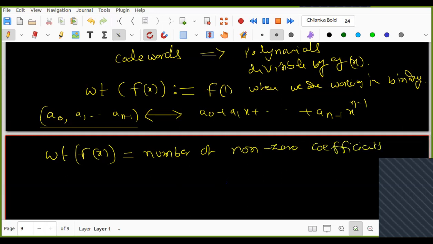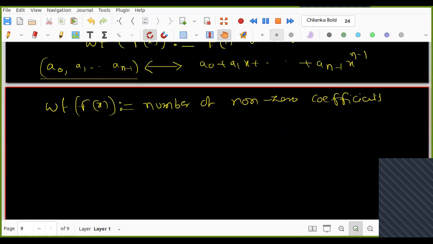Your idea gives me some more questions: is there a general way for other finite fields also? Anyhow, I will look into that in future. Weight of f(x) equals the number of non-zero coefficients.